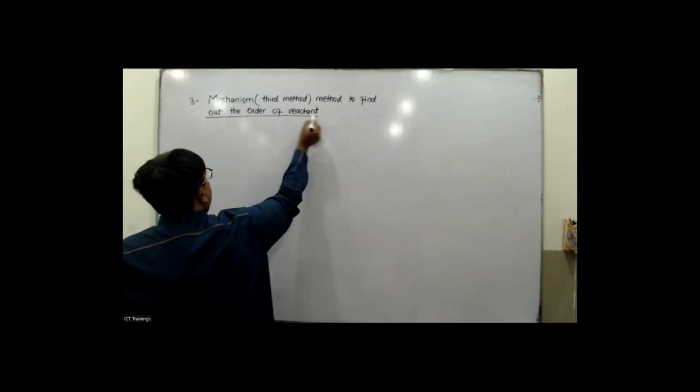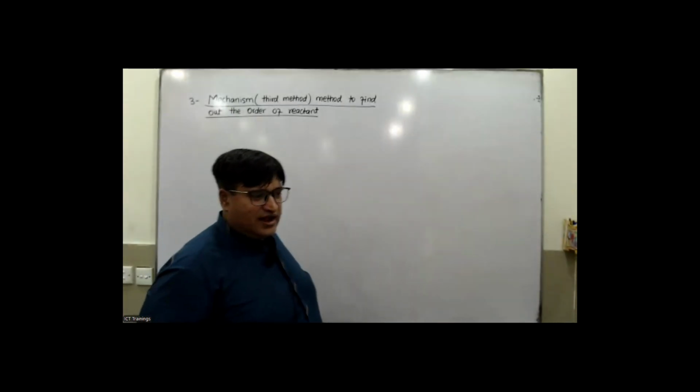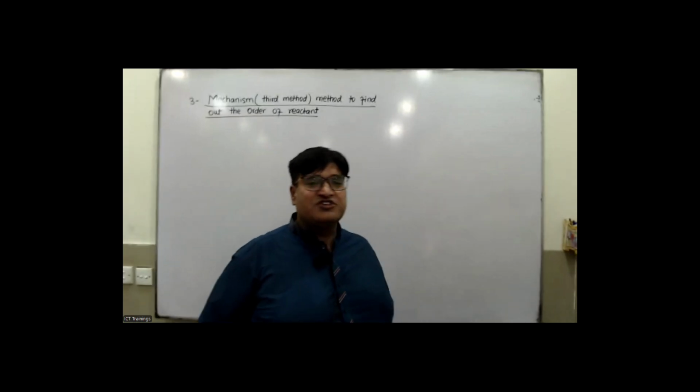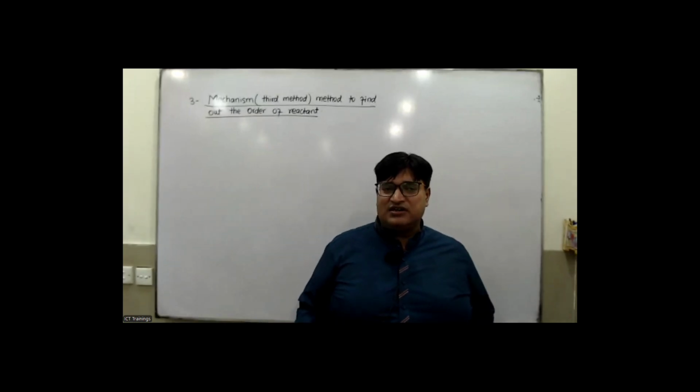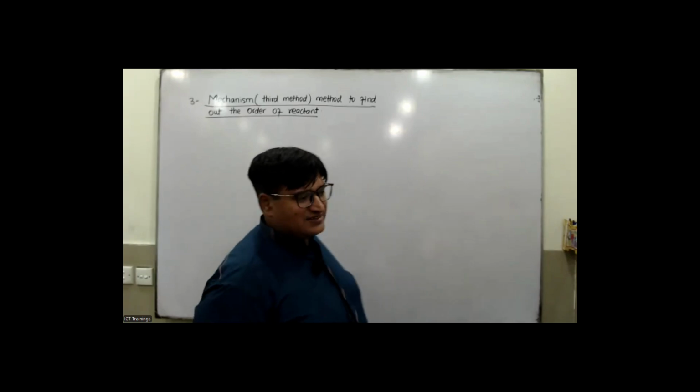This time you are given some different information, and you have to work on that information and tell the examiner whether this is first order, second order, or zero order. So let's discuss that.